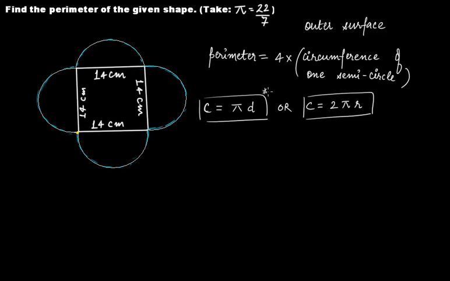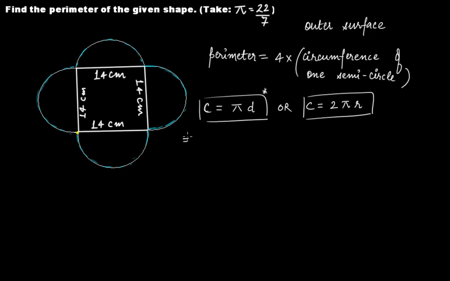Now think that if the formula to calculate the circumference of a circle is pi times d, then what will be the formula to calculate the circumference of a semicircle? Clearly, it will be half of it.